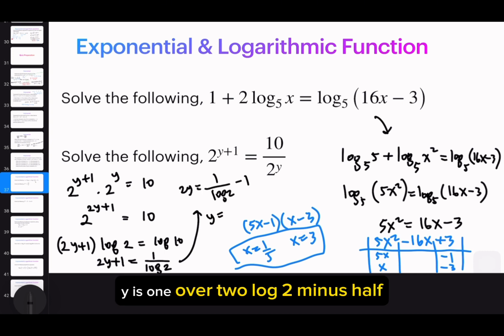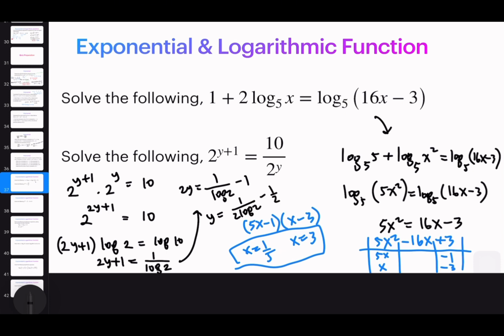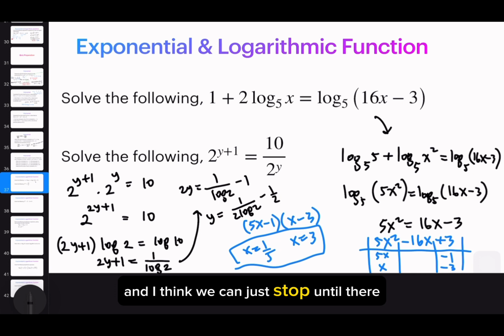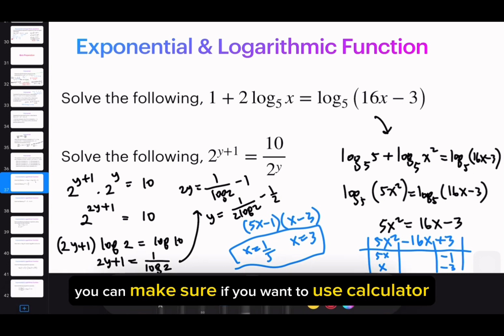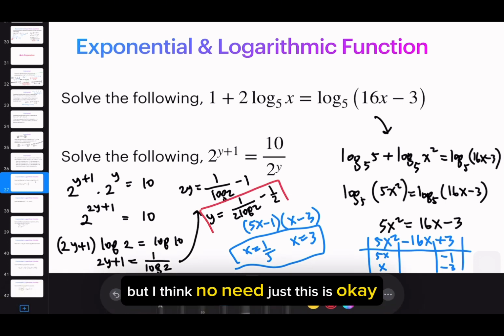Y is 1 over 2 log 2 minus half. Okay. And I think we can just stop there. You can use a calculator if you want, but I think no need. This is okay.